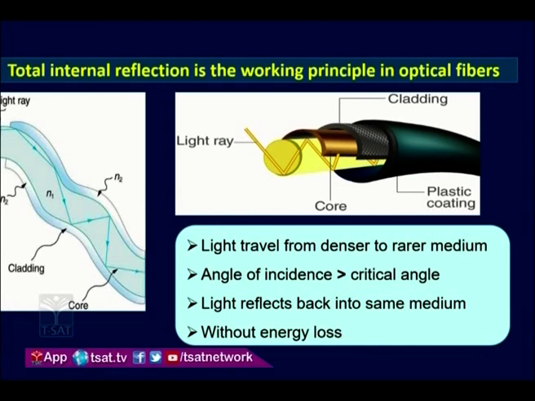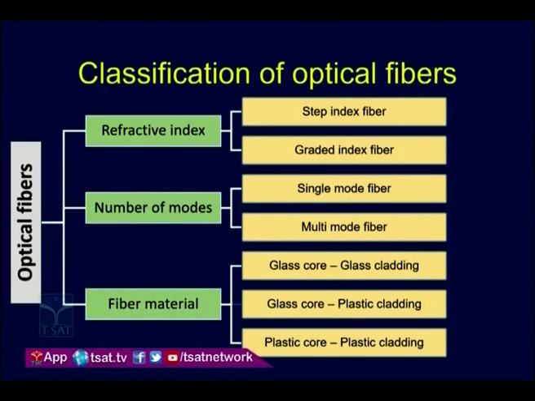What are the types of classification of optical fibers? These optical fibers are classified into three categories. One is based on refractive index, which is of two types: step index and graded index.